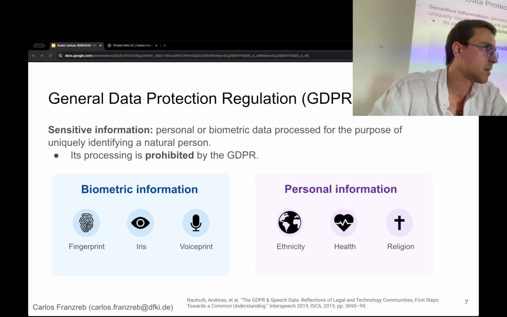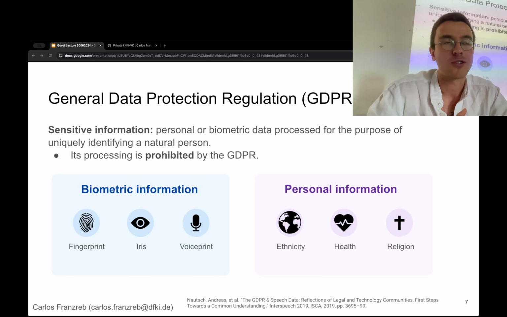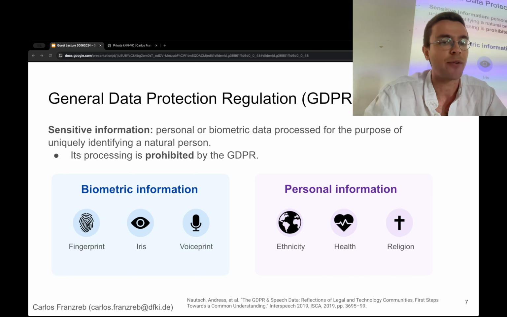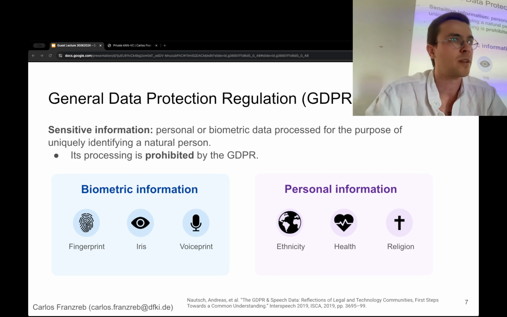Biometric information, which I assume you are already familiar with, like the fingerprint, your iris, voice prints, and so forth. And then also personal information, like your background, your health, religion, and so forth. And processing this information without the consent of the users is prohibited by this new regulation.